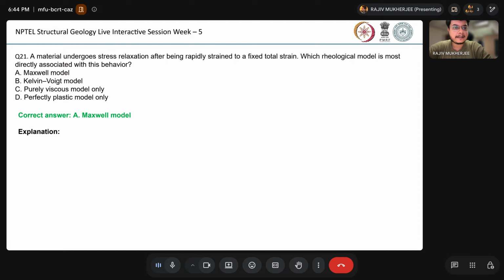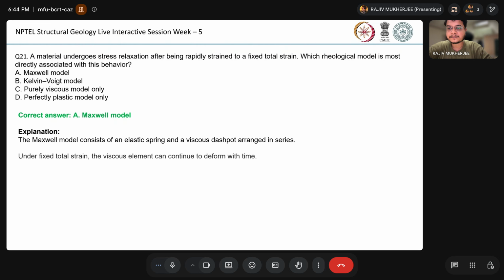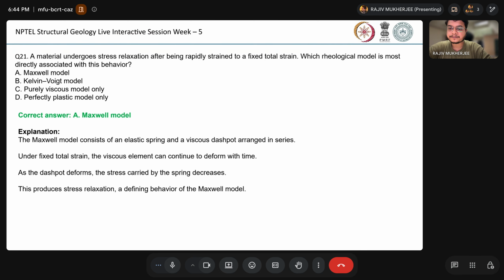And to explain, we can say that the Maxwell model consists of an elastic spring and a viscous dashpot arranged in series. So under total fixed strain, the viscous element can continue to deform with time. As the dashpot deforms, the stress carried by the spring decreases. So this produces a stress relaxation, a defining behavior of the Maxwell model.